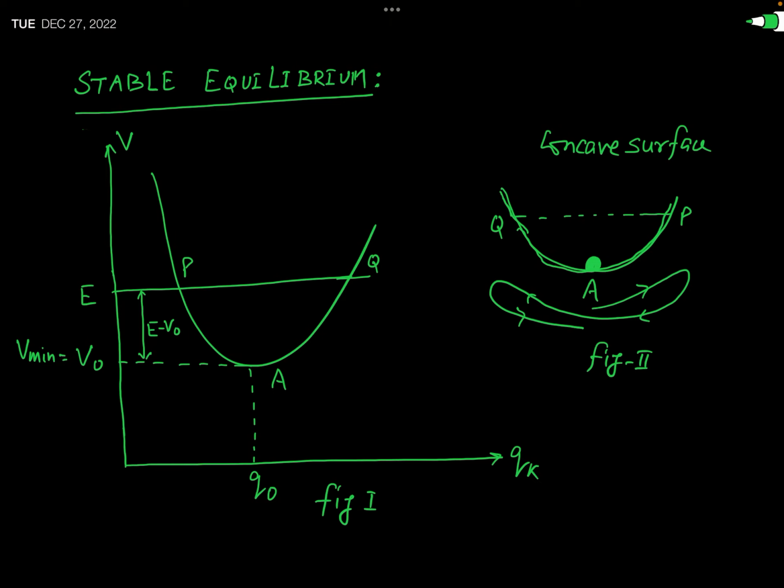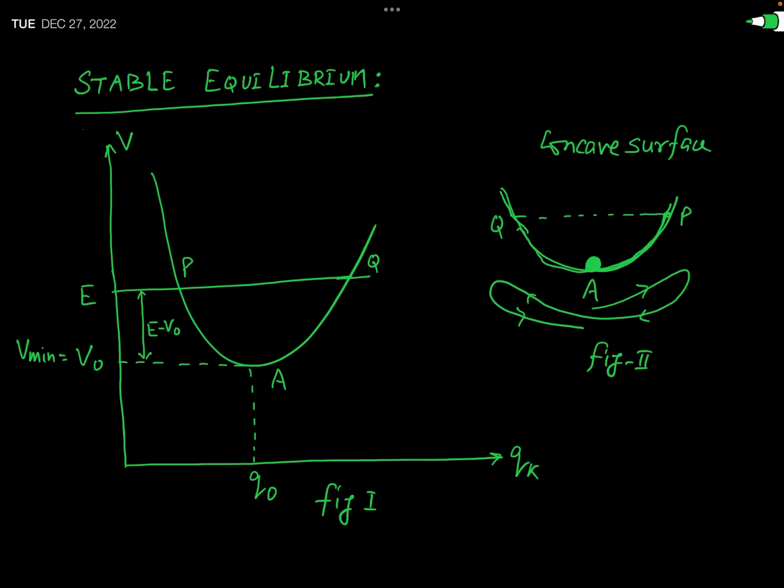Okay. Now let us consider that this particle is slightly displaced to this position P from this position A and released. When the particle is displaced from position A to P and released, then what will happen?